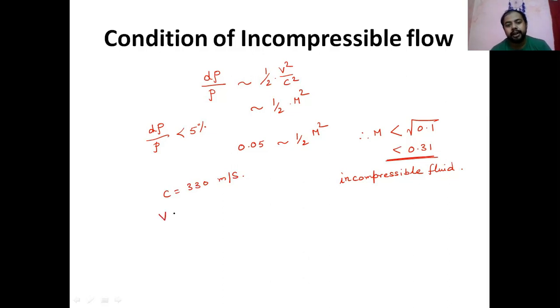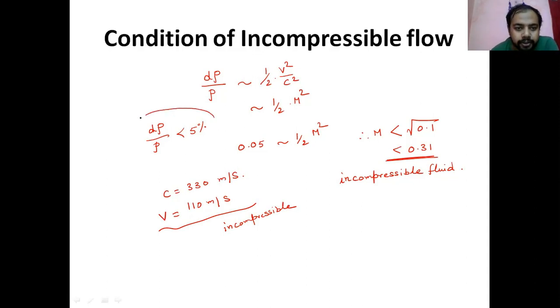So if any vehicle velocity is 110 meters per second, we can consider the air nearby as incompressible during the calculations.